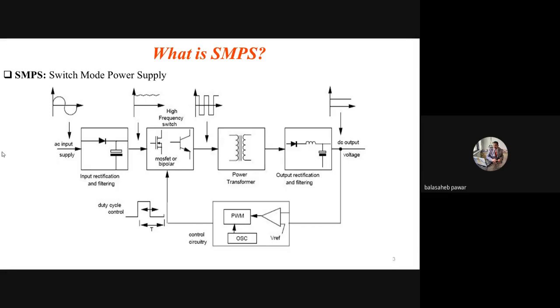Last time we discussed, by taking that example, that if the input DC voltage is 207 volts, that means if we directly rectify our AC mains, which is 230 volt RMS, then the obtained average DC voltage is 207 without any step down, correct?